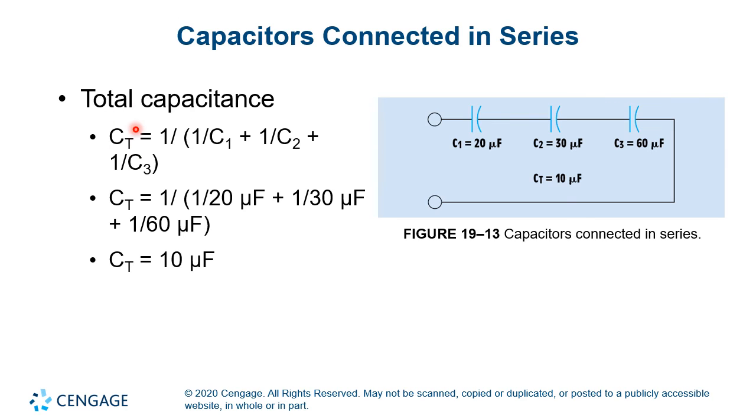So our total capacitance is going to be equal to the reciprocal of the sum of the reciprocals: 1 over the sum of 1 over C1 plus 1 over C2 plus 1 over C3. So if we use those same three capacitors, now we have 20, 30, 60. Because we're adding these up in a reciprocal relationship, the total capacitance is only 10 microfarads, less than even the smallest of the capacitors that are put in series.